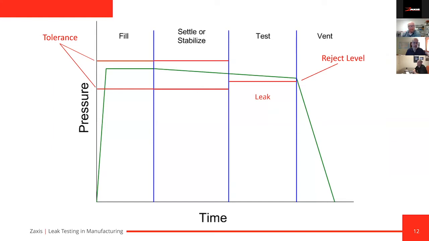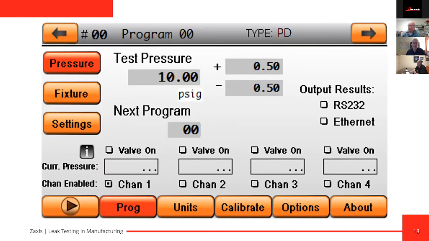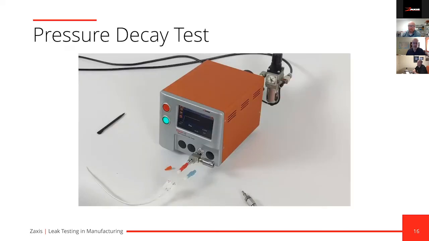And then when you get to test, the top of the screen is the beginning pressure and the bottom of the screen is that decay limit. So while it may look like on that video the pressure is jumping up, we're just changing the resolution of the screen so that you can zoom in and see what's actually happening. Get back to where I was.